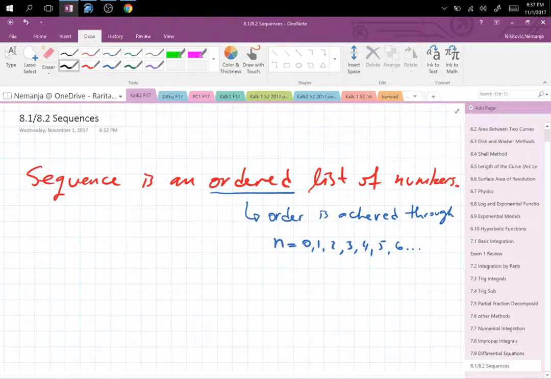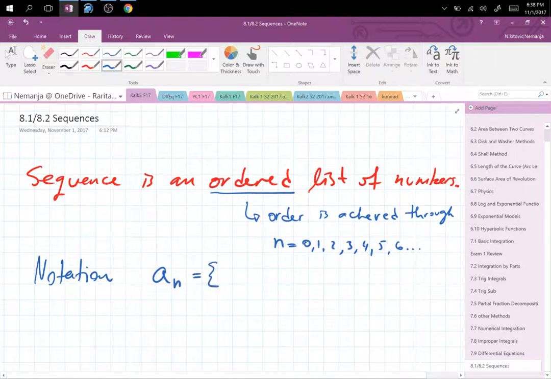Now let's talk about sequence examples. Let me give the notation first. The notation would be a_n or b_n or c_n, whatever. The notation is a_n, and that's going to be equal to the list of values going forever.